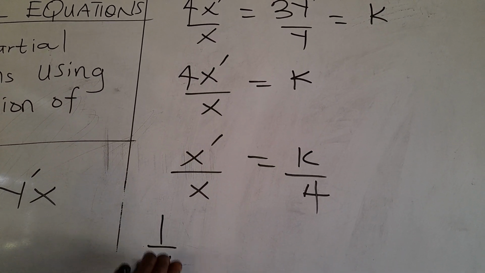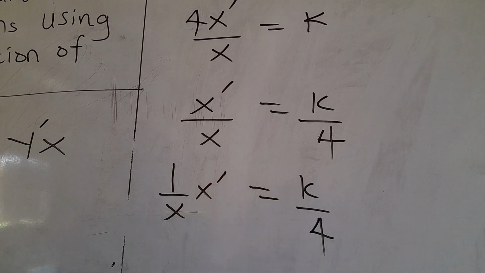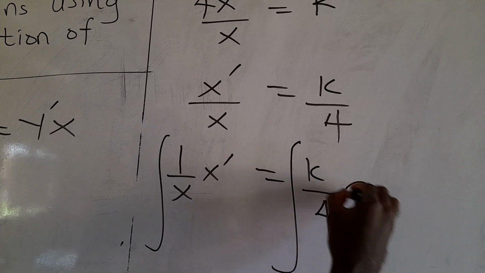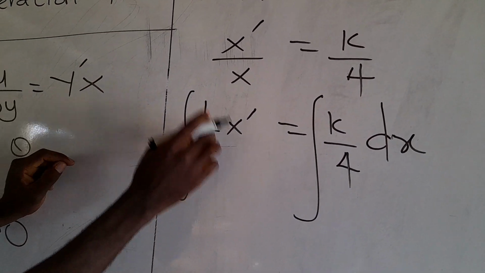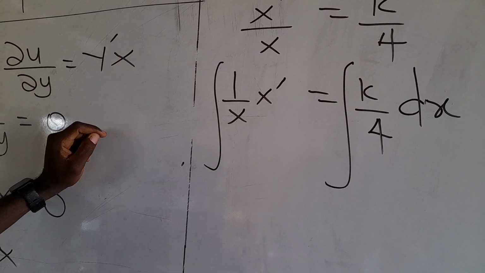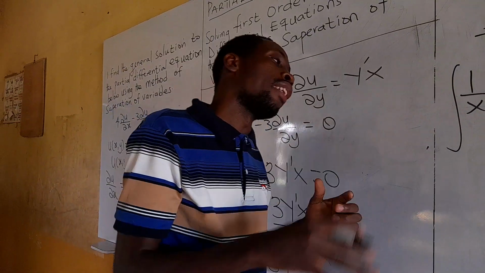So you can have 1 over x times x prime equal to k over 4. Then we integrate both sides. We have the integral of this dx. Now when we integrate 1 over x, please, this x prime is the same as the dx. So when we integrate, you know the form that integral takes.